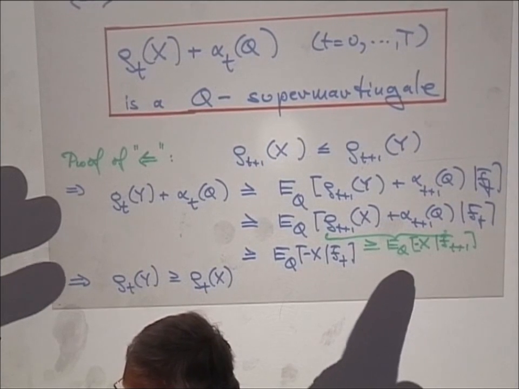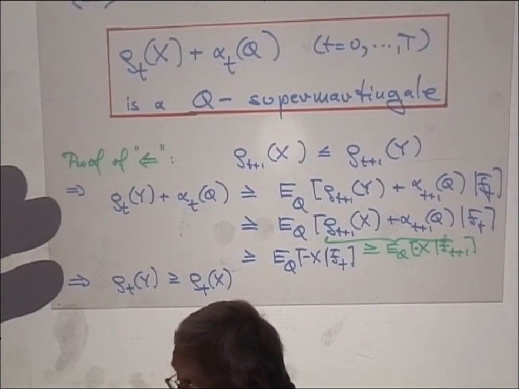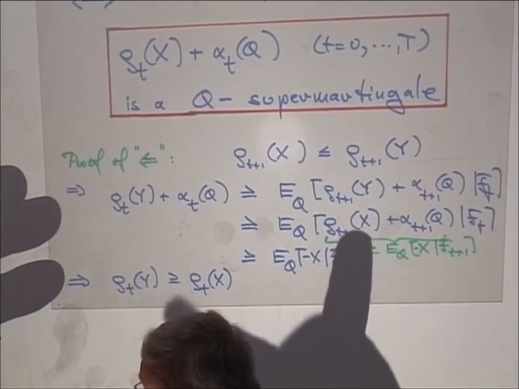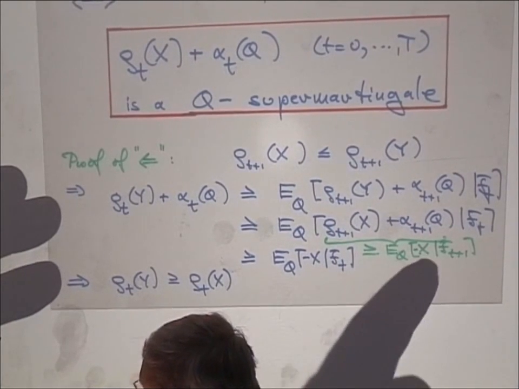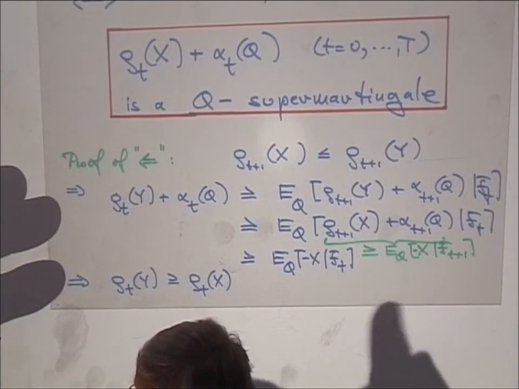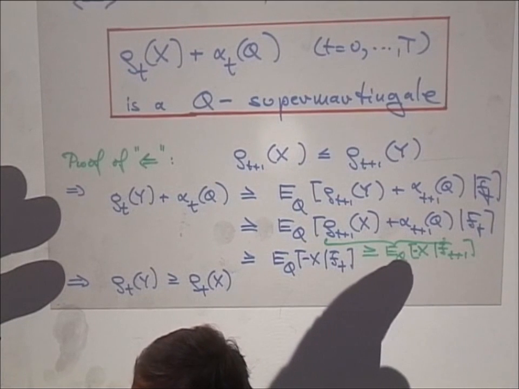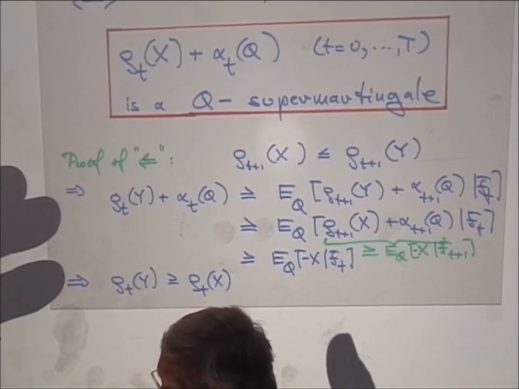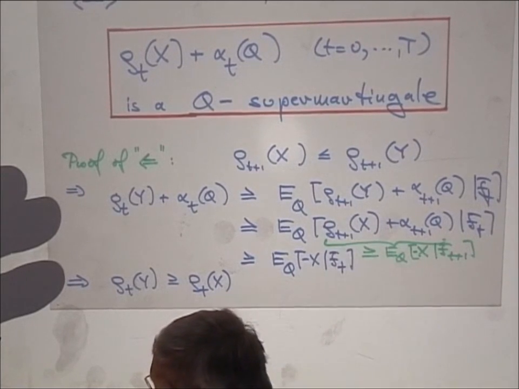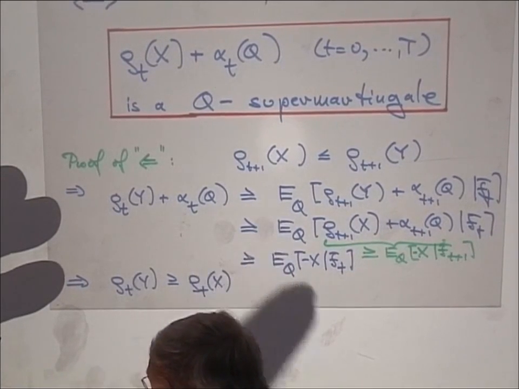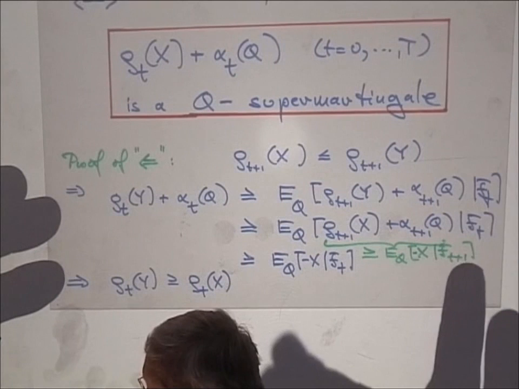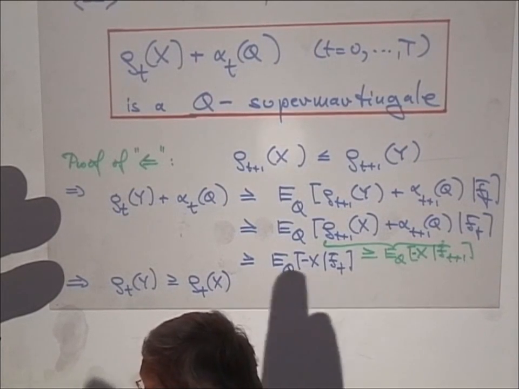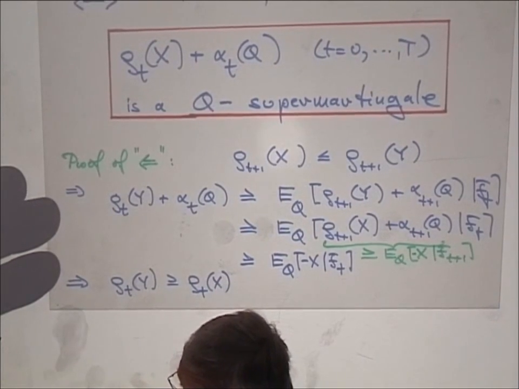I plug it in. Now, by the robust representation theorem for the risk measure, we know for each x and each Q, this is above this thing minus this. So the sum is above this. So I plug it in. But now, by iteration, by the projectivity of conditional expectations, I obtain this.